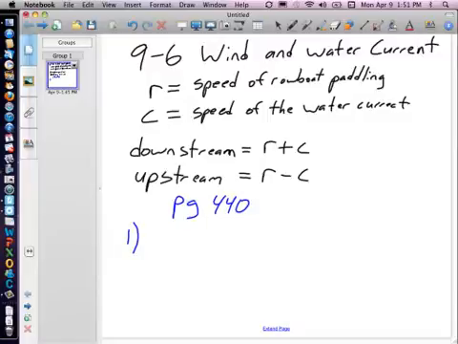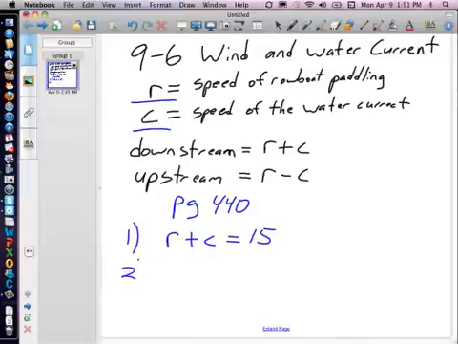The instructions say let R equal the rate of the rowboat, which we have up here, and C equals the rate of the current. Going downstream, the current is helping, so the rate of the boat plus the rate of the current equals 15. That's the equation for the rowboat going downstream.